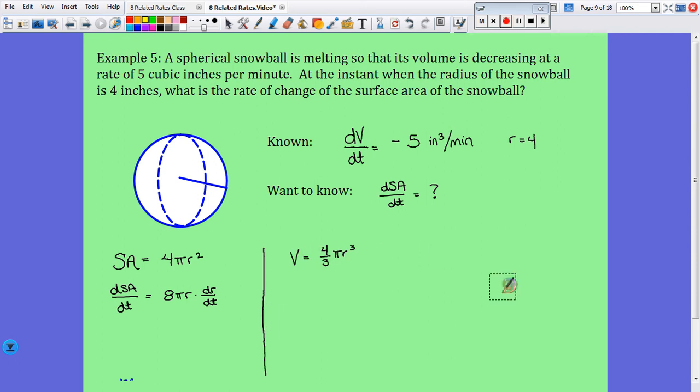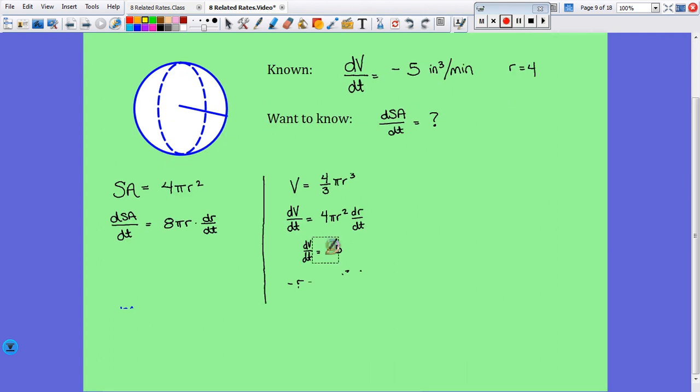So if we use the volume equation of a sphere, we can take the derivative and plug in negative 5 for dV/dt, and then plug in 4 for r and solve for dr/dt.